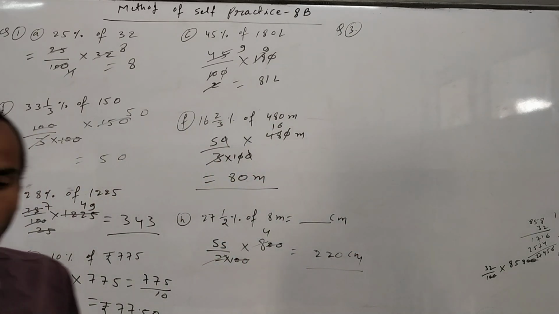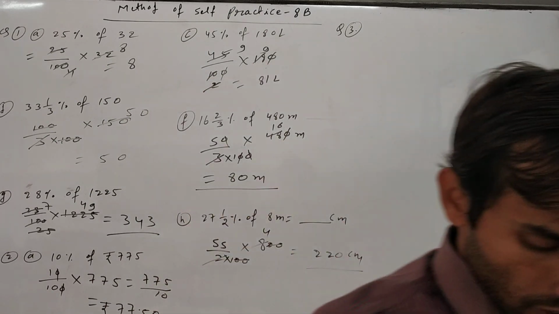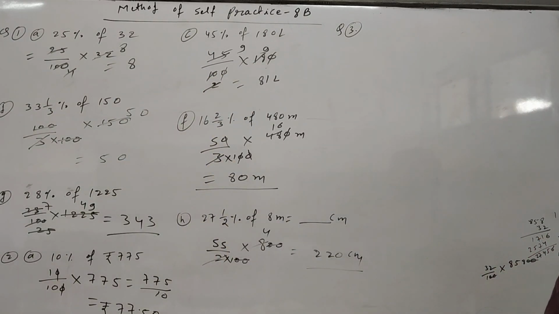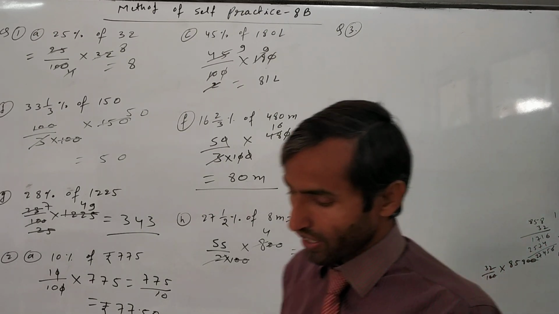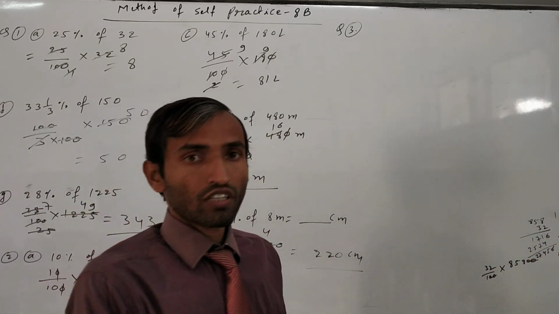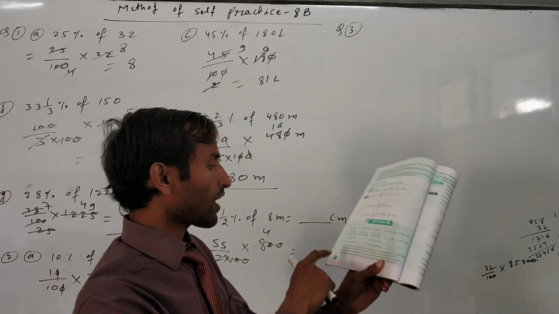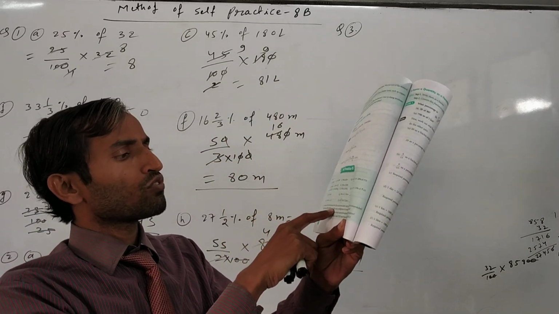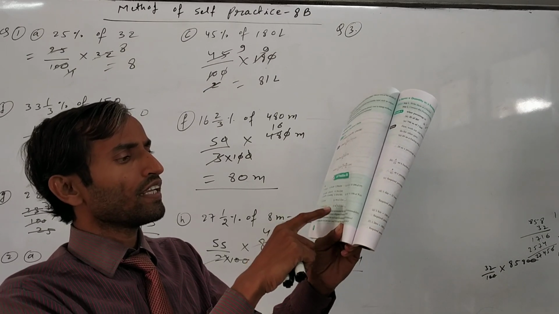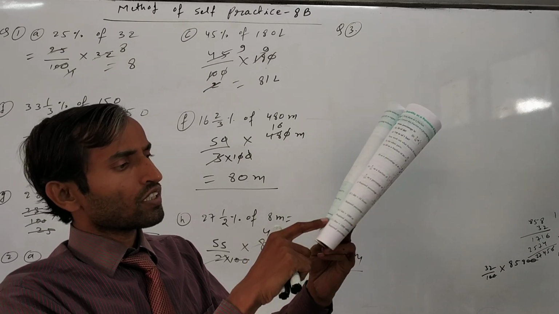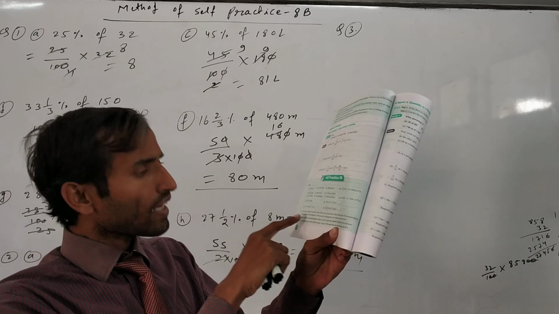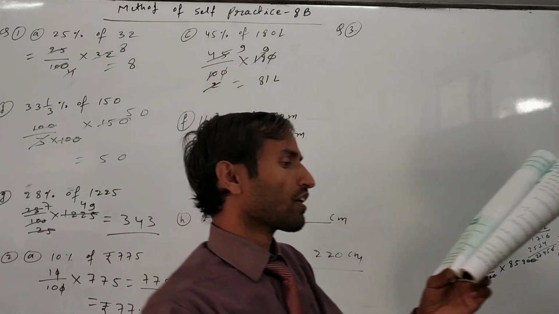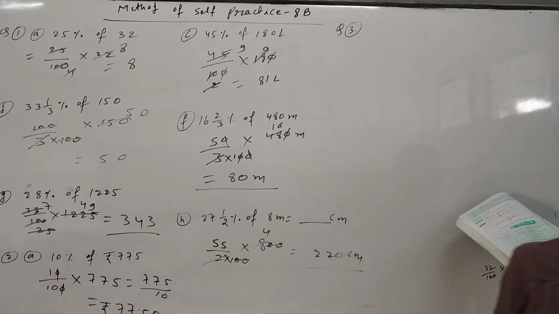Now we have to do question number 3. All of you read question number 3 here. A word problem is there, so first of all understand the question and then we have to find. We will do the same like this, but just understand the question. A certain can of iced tea contains 4% of the recommended daily allowance of sodium. The recommended daily allowance is 2500 milligram. So how many milligram of sodium are in the can of iced tea?